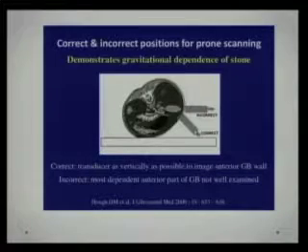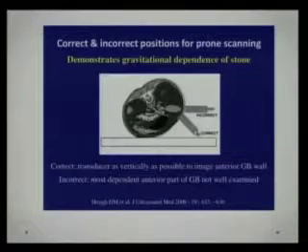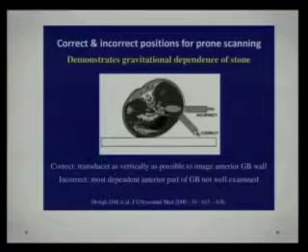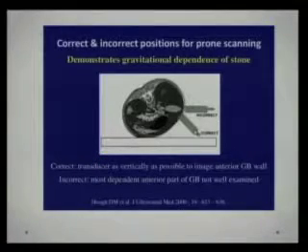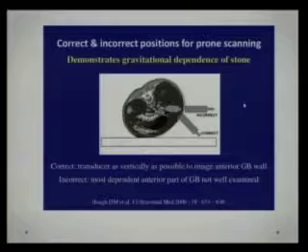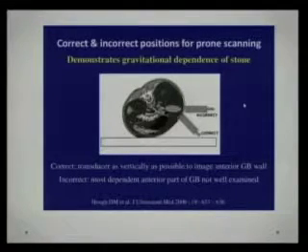That means if the patient is prone, dip your hand under the patient and then scan the patient, rather than just going laterally and scanning. So what's correct? The transducer as vertical as possible to image the anterior gallbladder wall. What's incorrect? The most dependent anterior part of the gallbladder is not well visualized. Remember, when the patient is prone, the gallbladder calculi will fall towards the anterior wall of the gallbladder.